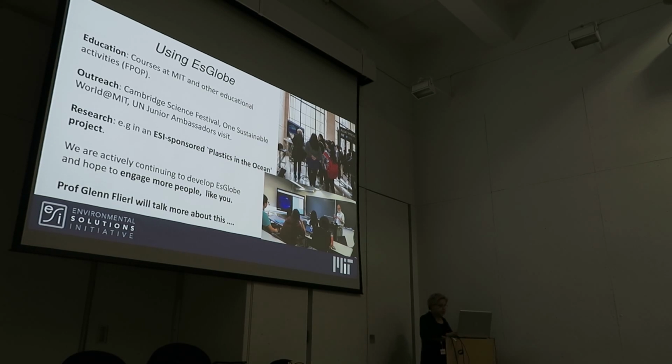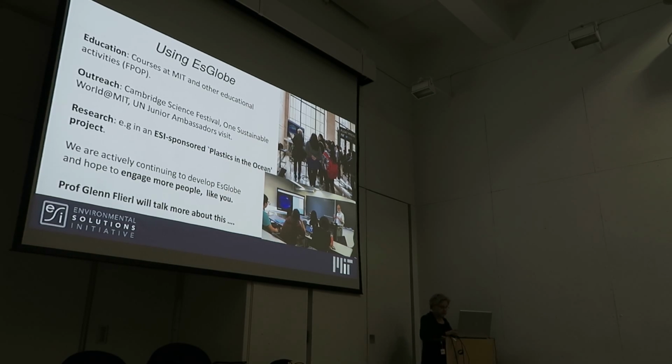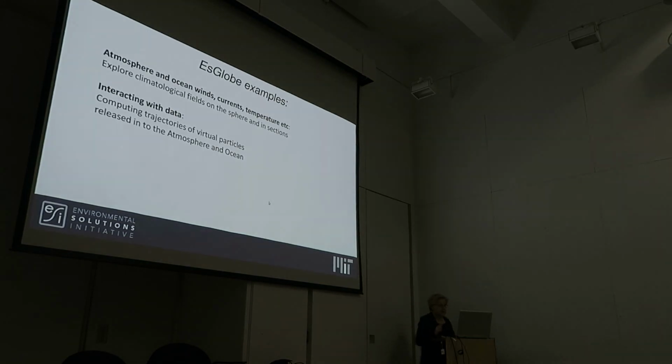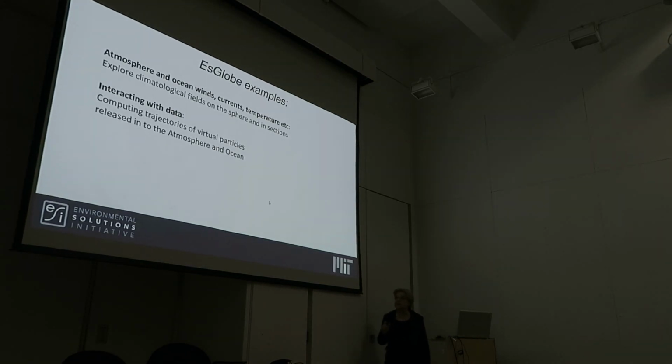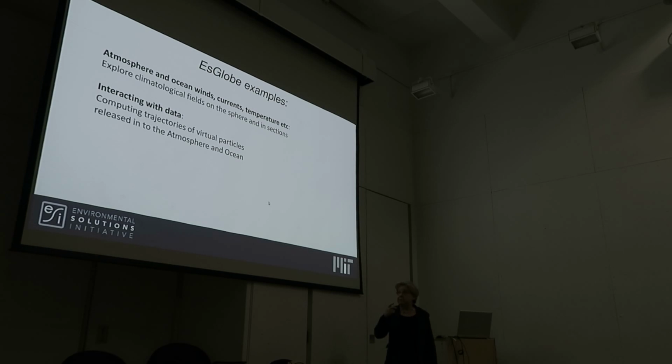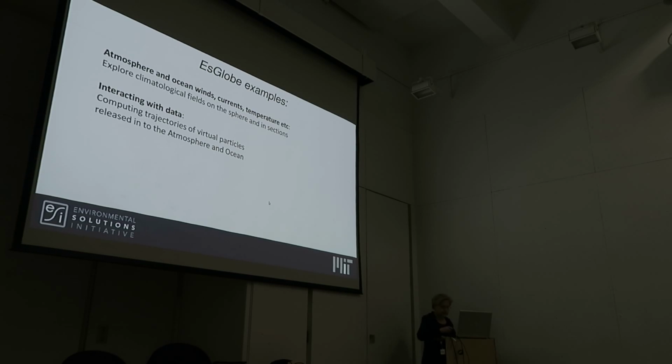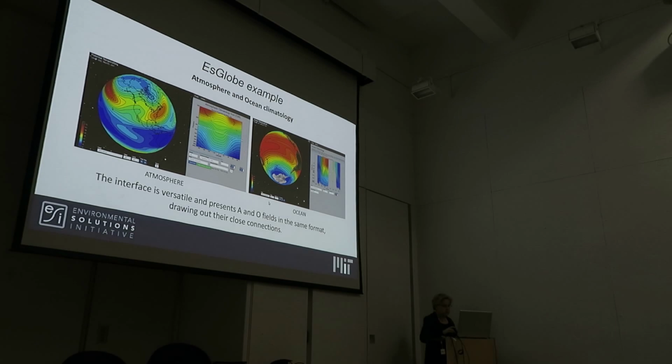So my talk is mainly related to examples from the atmosphere, and I will give you an example related to how I can display fields effectively from both the atmosphere and ocean, but also how I can interact with the data. We are all used to seeing displays, but we want to be sure that we can interact with the data and show some applications.